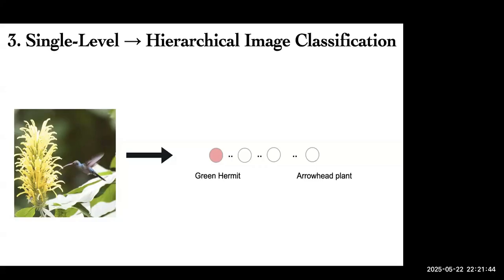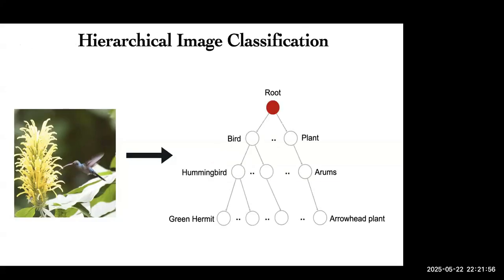But I think hierarchical image classification has a deeper reason. Here I give you one practical reason. There's a taxonomy; for example, this is a hummingbird with a flower. For this image, the taxonomy is given, and given the image you want to output this branch of the tree.